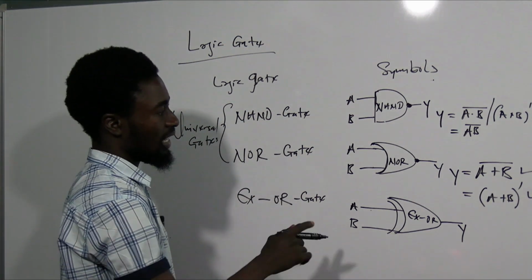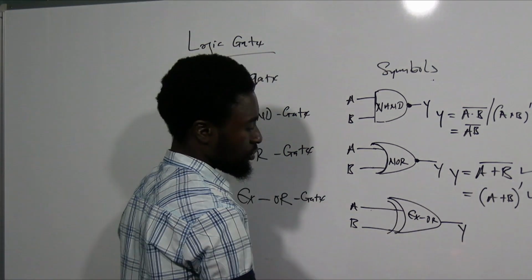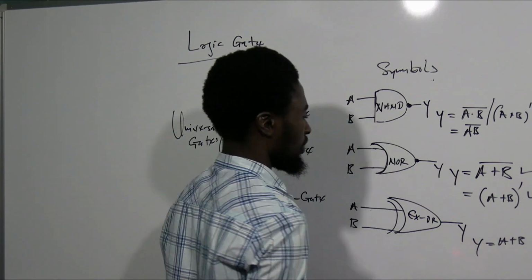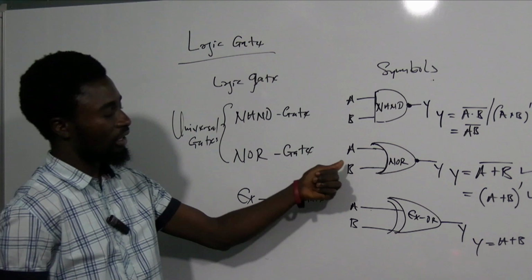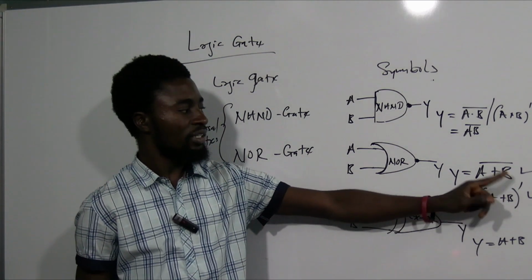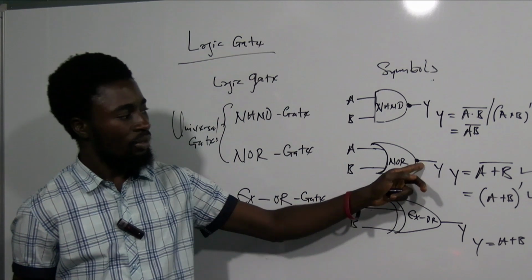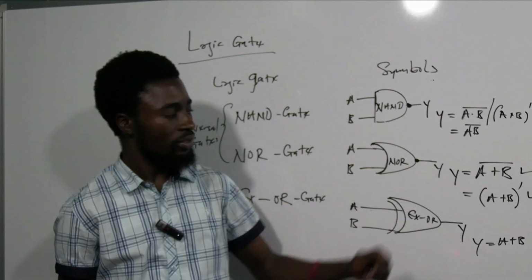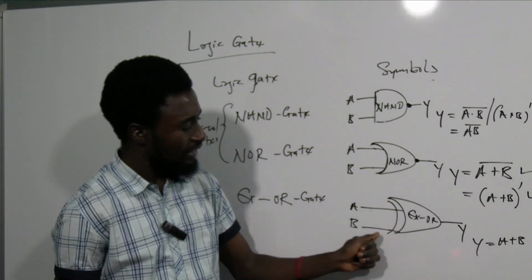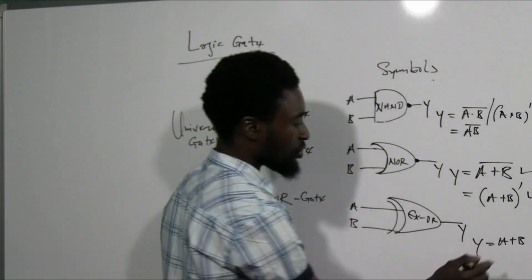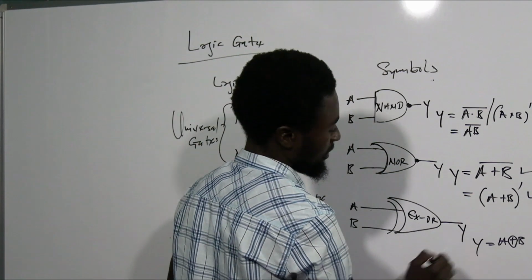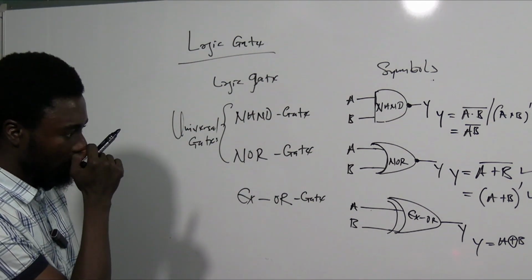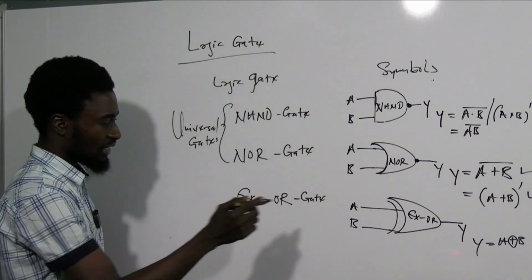You are adding, so the output is equal to A plus B. Like in the case of the NOR gate, it is also A plus B, but because of this sign, we are taking the complement of that. So we have the bar there because of this dot here. Also, because of this first line, we have to circle this section, I mean the operator. So that is what you have.